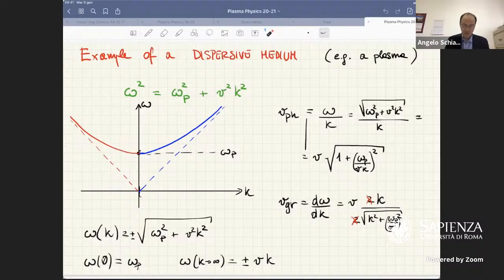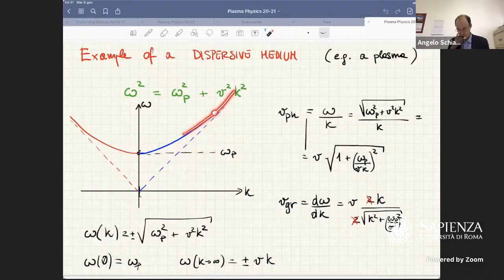And then we've seen that by increasing the k number of the vector, it means by reducing the wavelength of the solution, going to shorter wavelengths, the dispersion relation is approaching that of a non-dispersive medium.